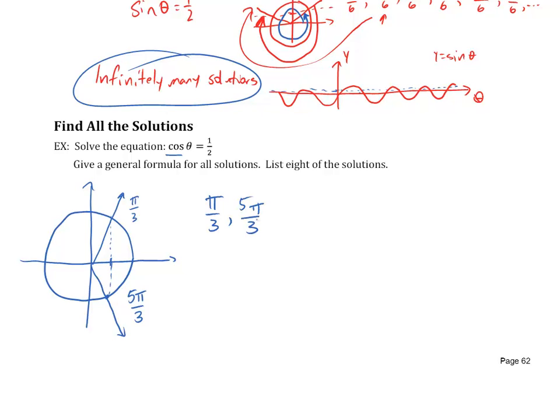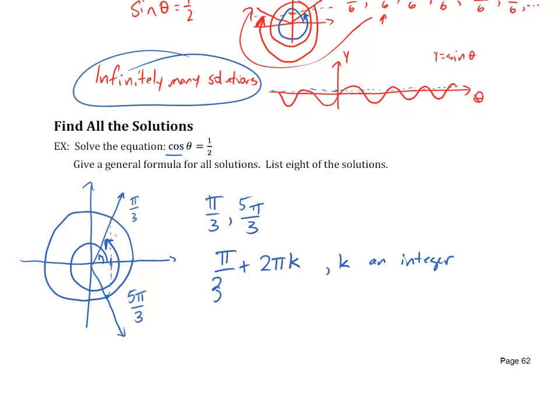And there's every possible rotation of those, meaning I can do pi over 3 to get this one, and I can also do a complete rotation to get there. In other words, I can do pi over 3 plus 2 pi. And I could do plus 4 pi and plus 6 pi, because I can just keep going around. So I'm going to stick a k in there and say k an integer. Now what that means is I can take pi over 3 plus any number of rotations I want, even negative rotations.